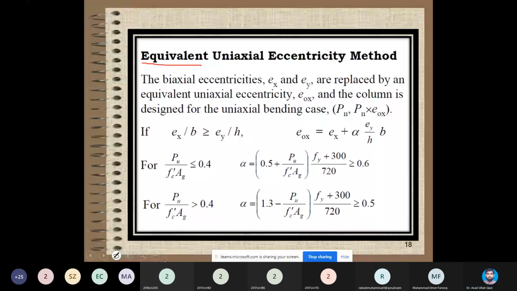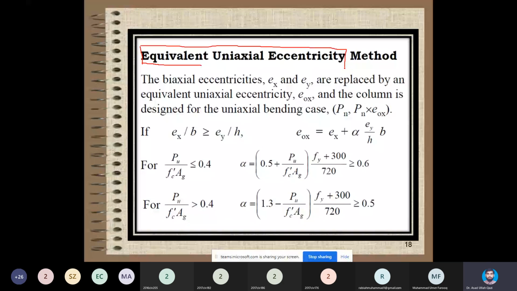Right. So now I will discuss, on slide number 18, the column under biaxial bending, but using one approximate method, which is the equivalent uniaxial eccentricity method. A very useful method to design the column directly.